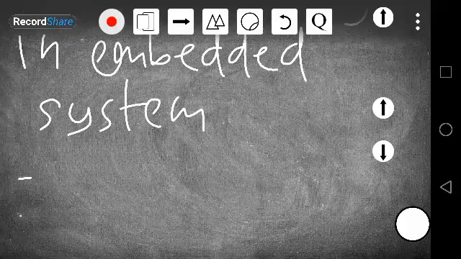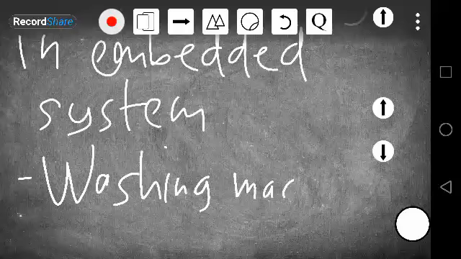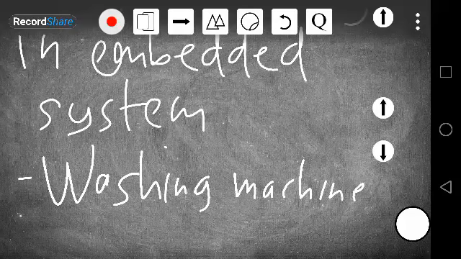For example, a washing machine is an embedded system. Its duty is only to wash, so it has a specific purpose. This is when we use the Harvard architecture. Okay.